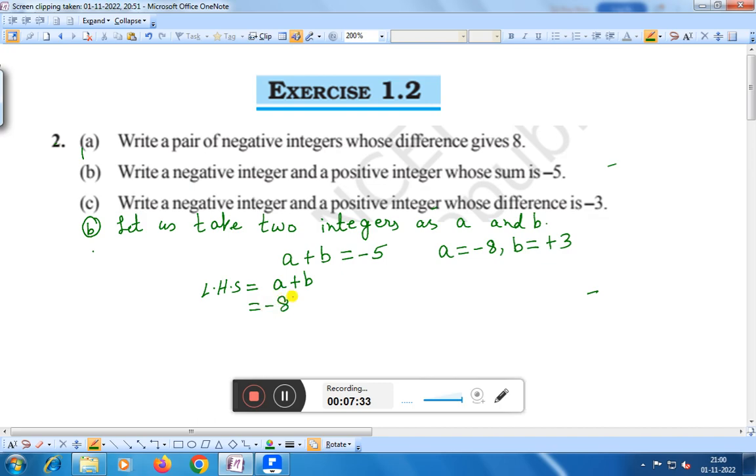A is -8 plus b is +3. One is a negative integer, another is a positive integer. That is -8 plus 3, which gives us -5, which is equal to the right hand side, right?